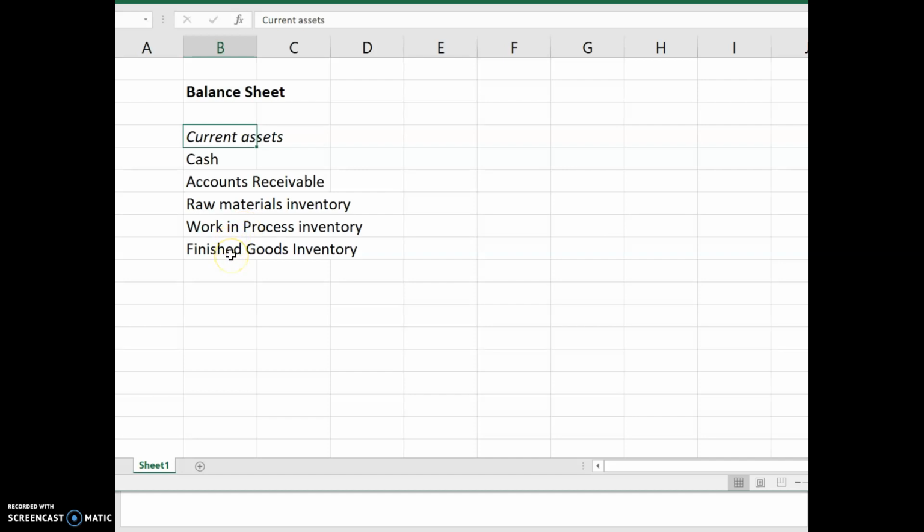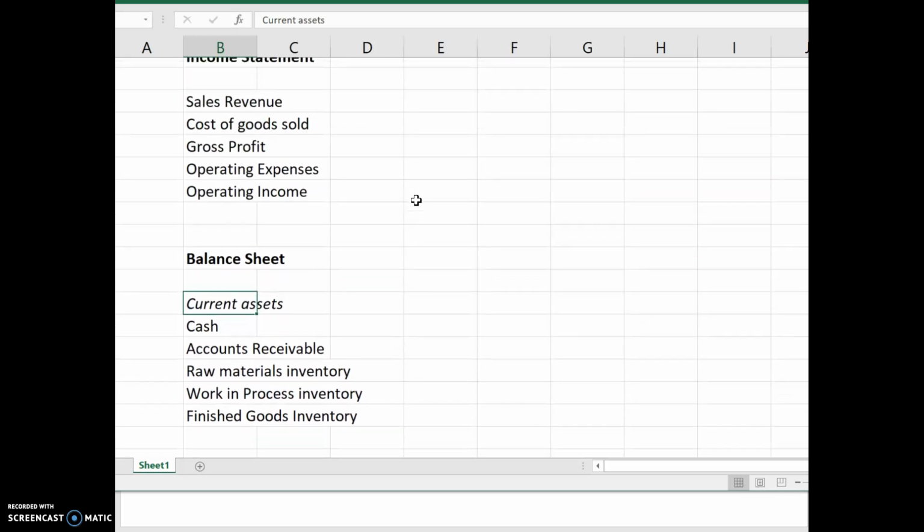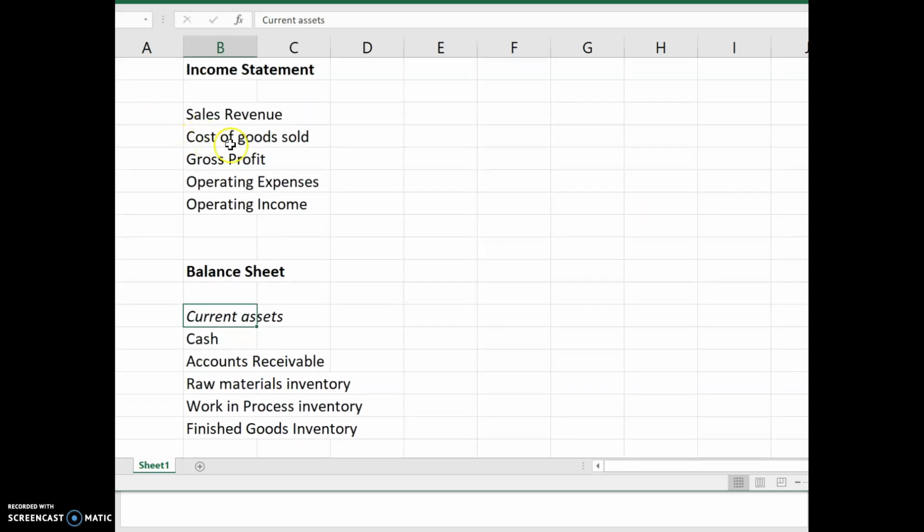And then those costs move to finished goods inventory. When the finished goods are sold, then those costs move to the cost of goods sold on the income statement. Okay? And so that's what our product costs are.